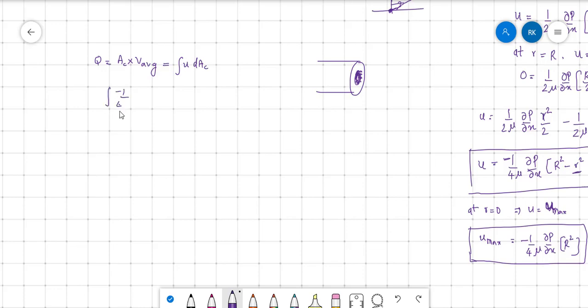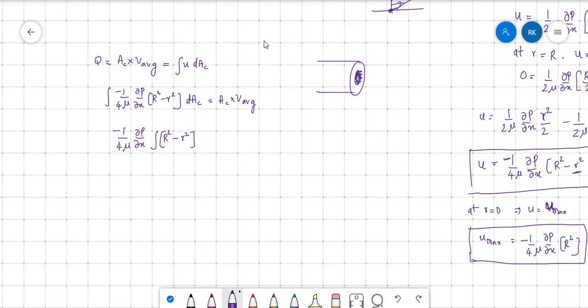Minus 1 by 4 mu dou P by dou X into capital R square minus small r square, dAc, is equal to Ac into V average. Now, taking constants outside, minus 1 by 4 mu dou P by dou X. So, integration of capital R square minus small r square dAc.